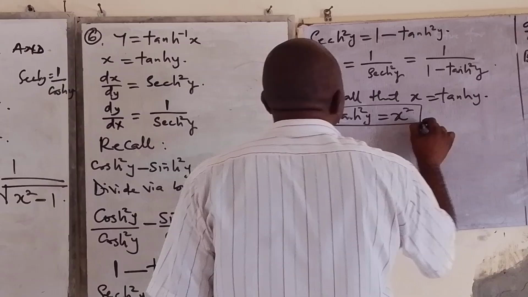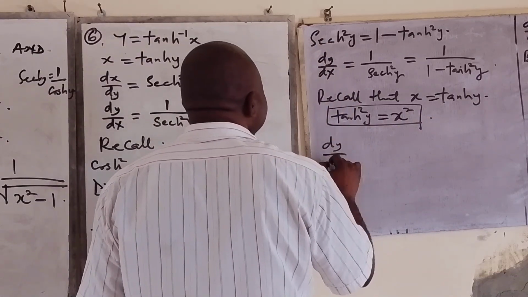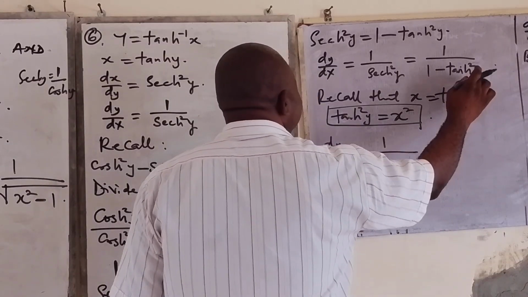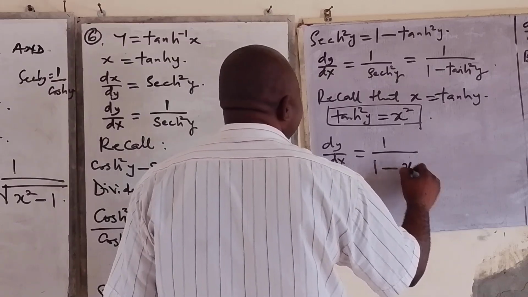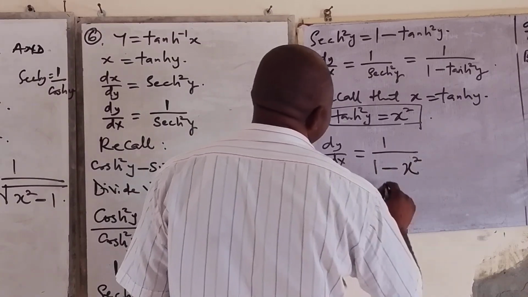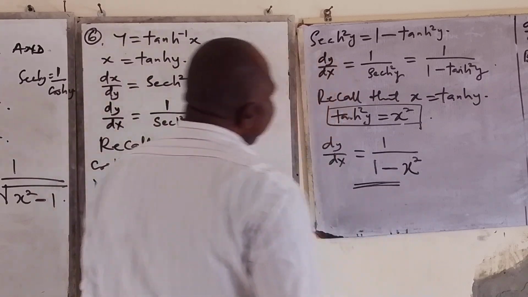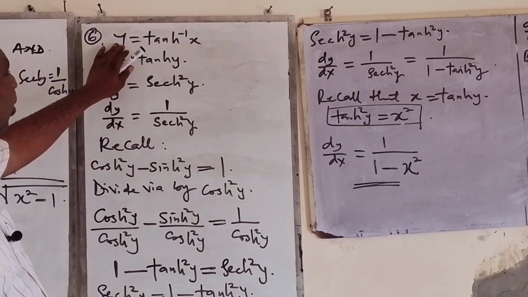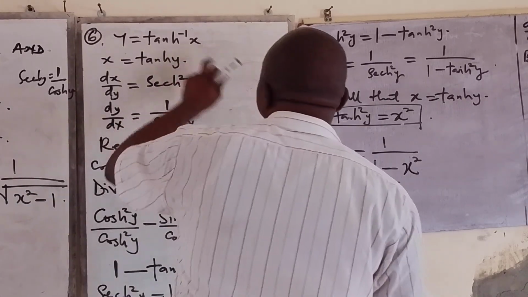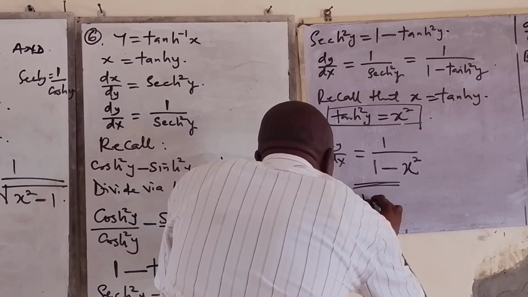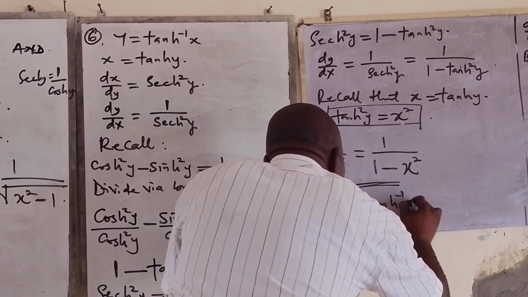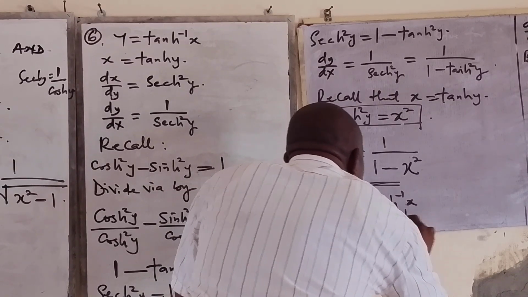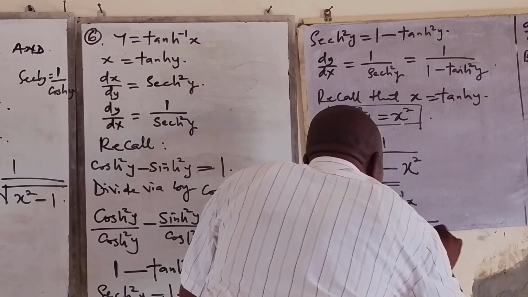So dy over dx will be equal to 1 all over 1 minus tan h square y, which is the same as 1 minus x squared. So now this is the derivative of tan h inverse of x. If y is equal to tan h inverse of x, dy over dx will be equal to 1 all over 1 minus x squared.